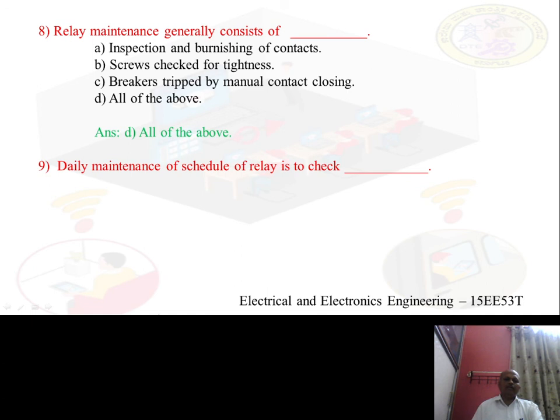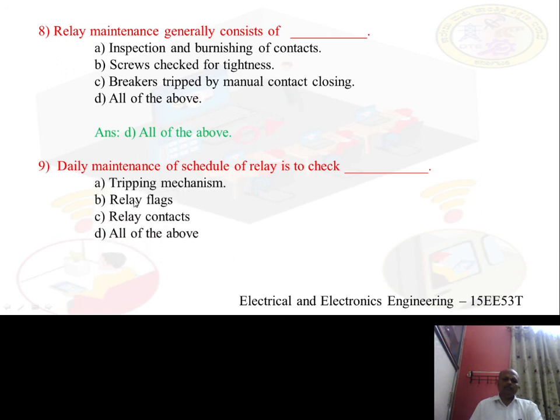Question number 9. Daily maintenance schedule of relay is to check dash. Your options are A. tripping mechanism, B. Relay flags, C. Relay contacts, D. All of the above.